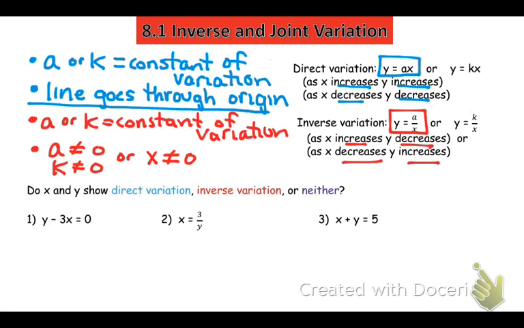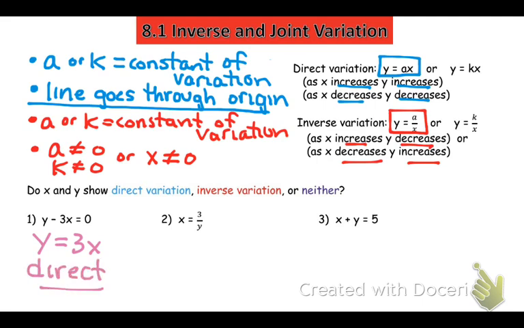I've highlighted or noted some key points about direct variation and inverse variation. Okay, now we're going to be deciding what type of variation we have. So here, if I isolate my y, I add 3x to both sides, y equals 3x. We know that this is going to be direct variation.